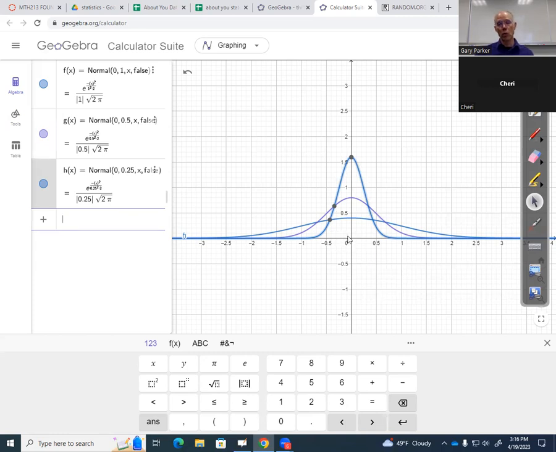If we look within 1 standard deviation on each side of this, we'll find that within a standard deviation on any of these, the first had a standard deviation of 1. So within 1 standard deviation from here to here, I'll find 68% of the data. This one, within 1 standard deviation, which was 1/2 on each side, I'd find 68% of the data.